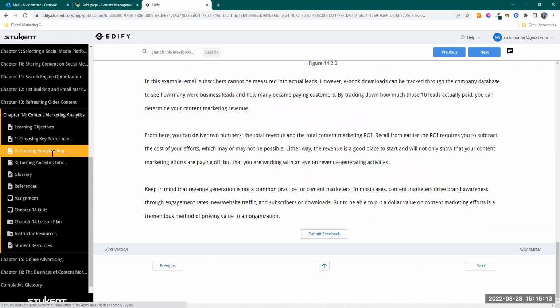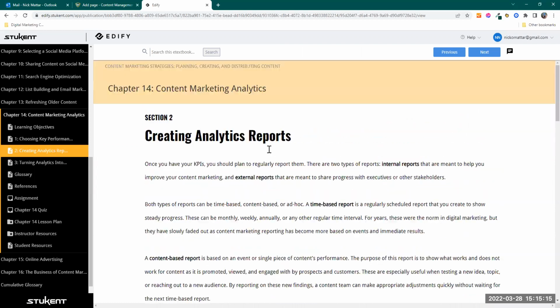Now, if we go to section 2, this is how to create analytics reports. There are a couple of questions about these on the quiz. I do expect you to follow some of these best practices for your final project, but again, you're just presenting a final presentation. It's not like you're creating a full report. This is really going to be useful for those of you who end up working in any sort of digital marketing.